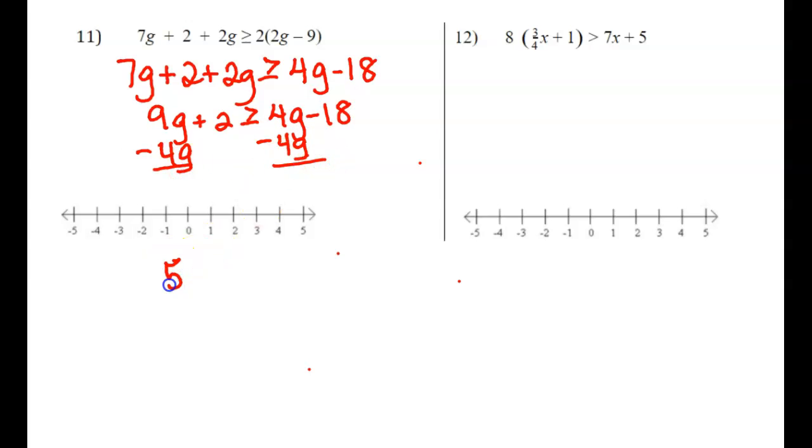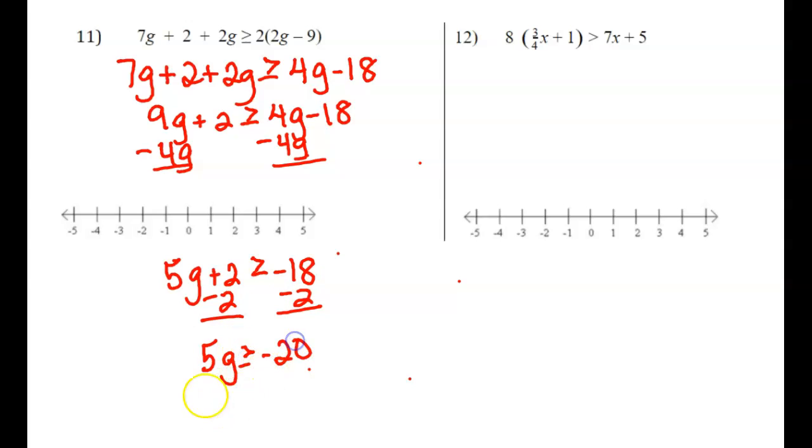When I do that, I have 5g plus 2 is greater than or equal to negative 18. And then I'm going to subtract 2 from both sides. 5g is greater than or equal to negative 20. And then I divide by 5. Now again, I'm dividing by a positive 5, so I'm not going to flip the sign. So my g is going to be greater than or equal to negative 4. I go to negative 4. I color it in because it's greater than or equal to, and my arrow will go to the right.